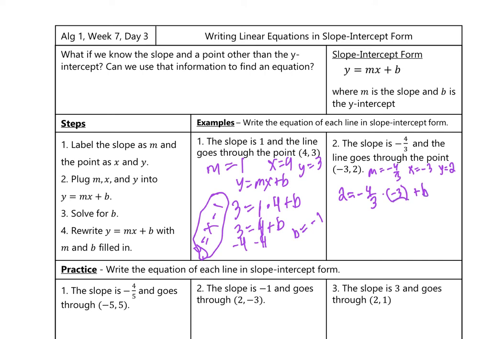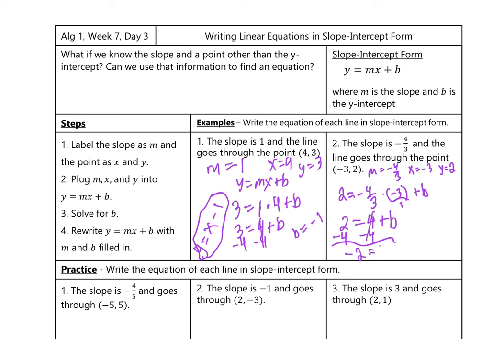And here we have a pesky fraction situation that we've got to remember how to deal with. So when I do negative 4/3 times negative 3, I might make negative 3 over 1, and then, oh, those 3's cancel out actually, so this just ends up being 4, and it's a positive 4 because they were both negative.